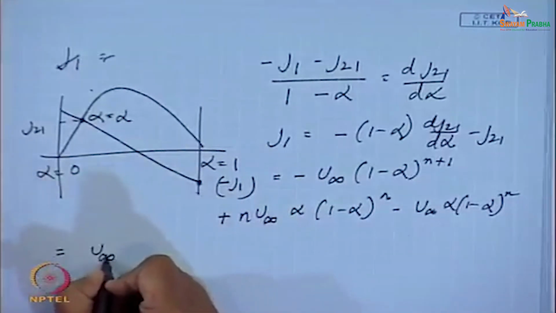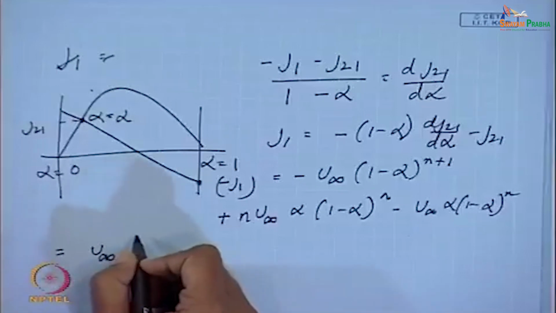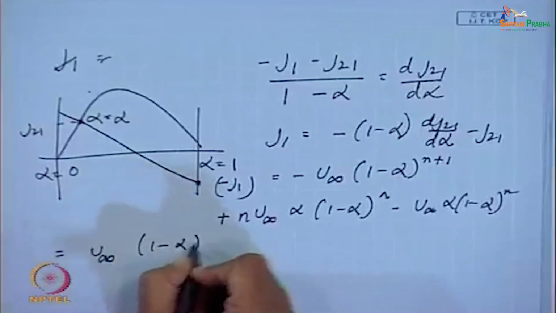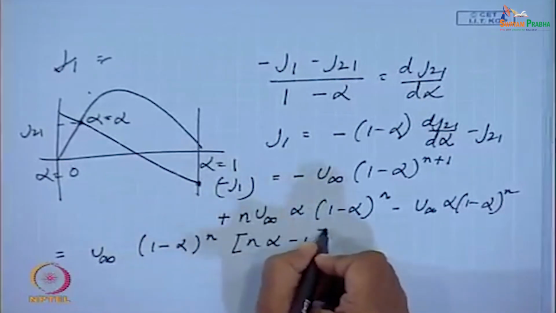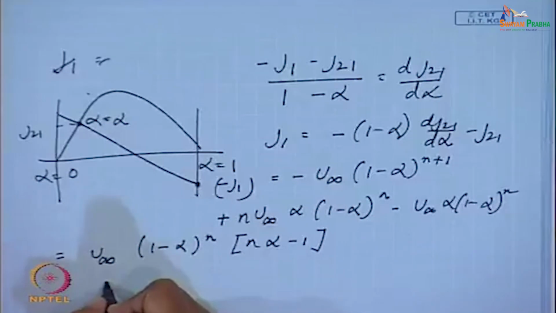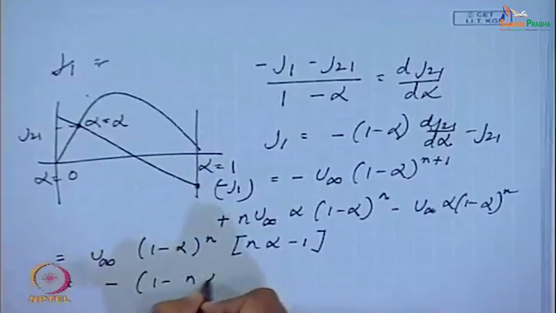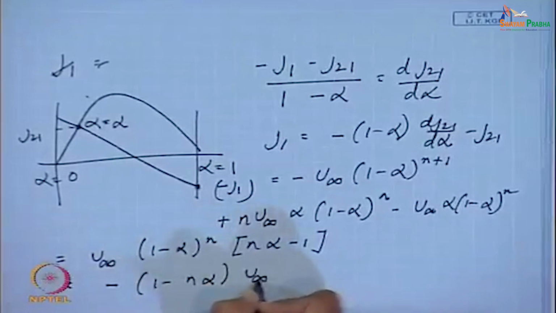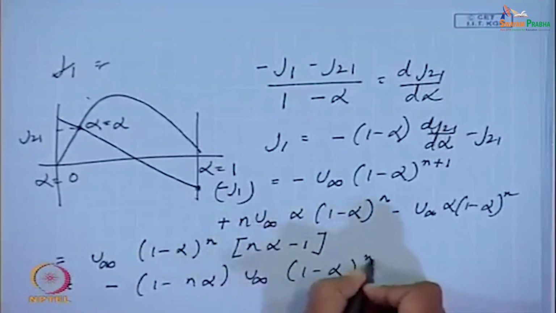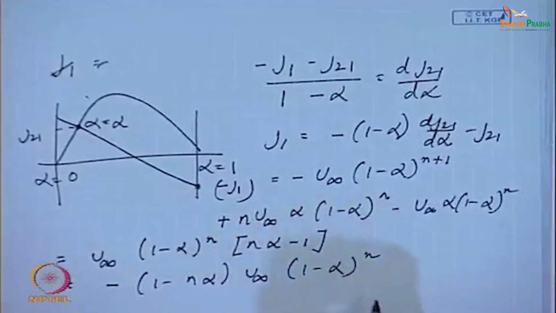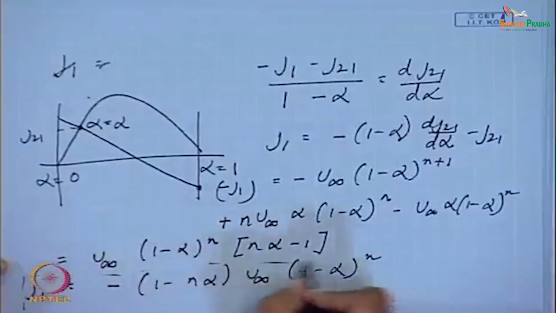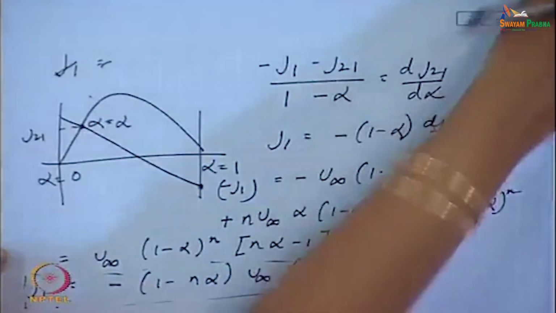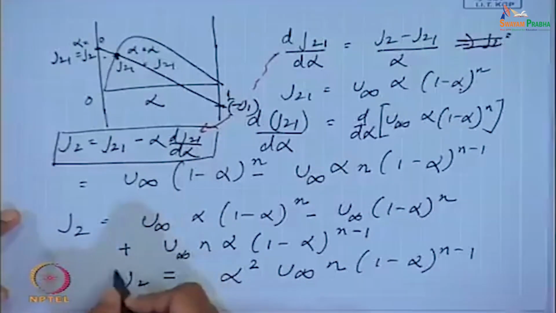So, this gives you u infinity into 1 minus alpha whole to the power n into n alpha minus 1, or in other words this can be minus of 1 minus n alpha u infinity 1 minus alpha whole to the power n. So, what do we find? This is the J1 at flooding point and this is the J2 at flooding point.